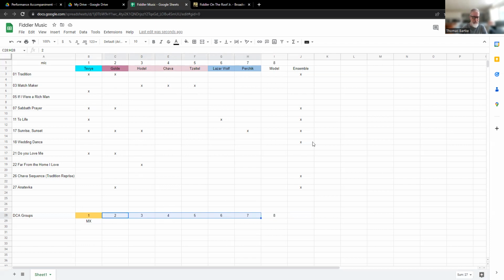Now, with that in mind, usually what I like to do is have a way to split the ensemble into 2 groups. You can see here we have 7 mics used for the characters who have solo singing to do in any of the musical numbers.